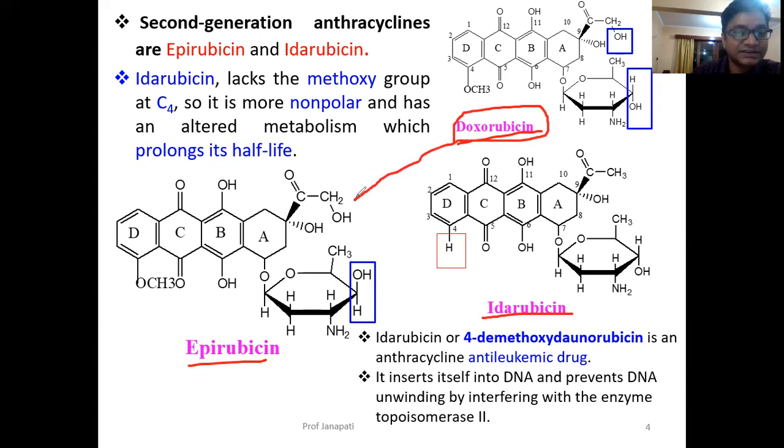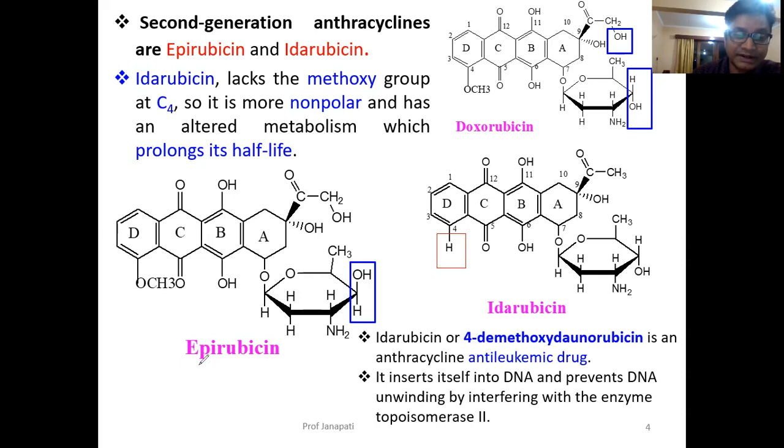If you see the structures here, it has a hydroxyacetyl group at the ninth position, the same as in doxorubicin. The difference is that in the sugar molecule at the fourth position, the hydroxyl group is up, whereas here the hydroxyl group is below the plane.